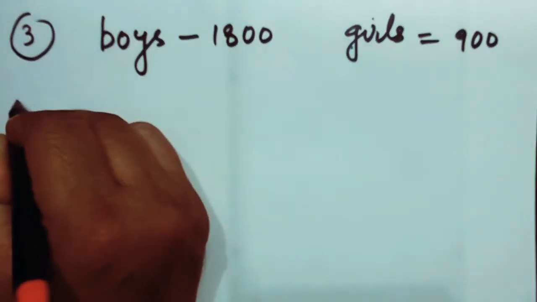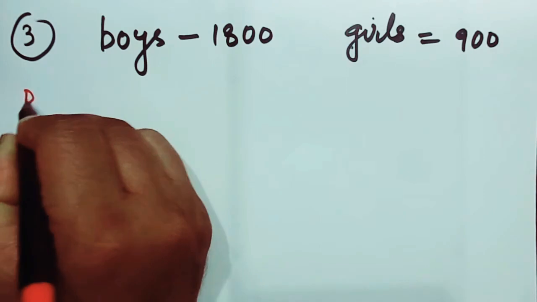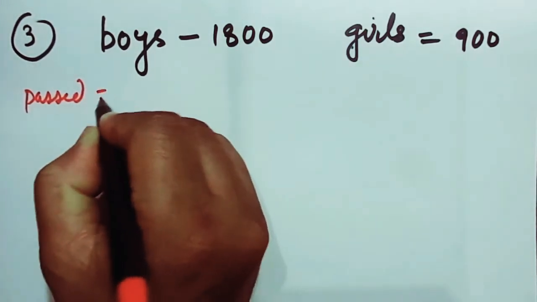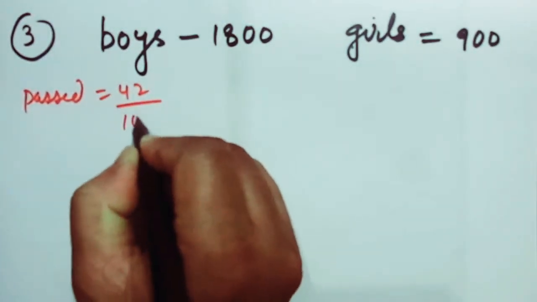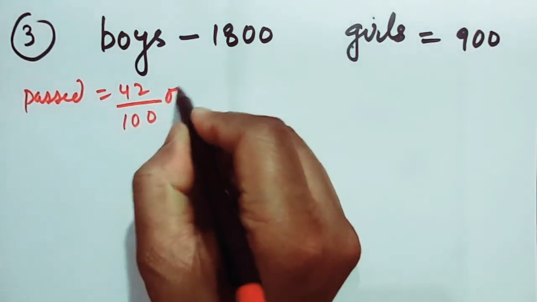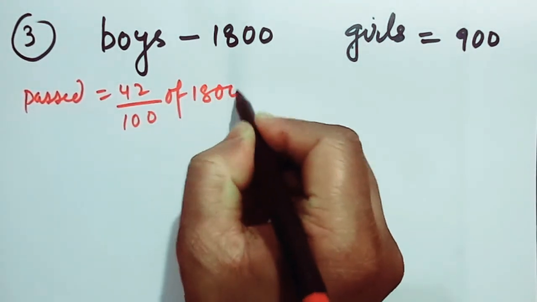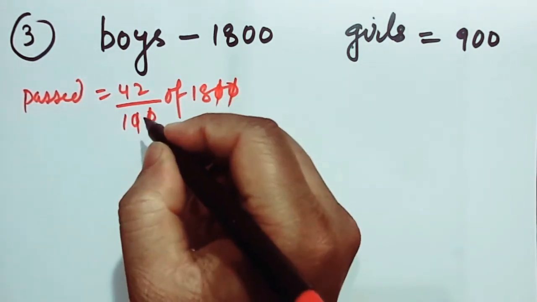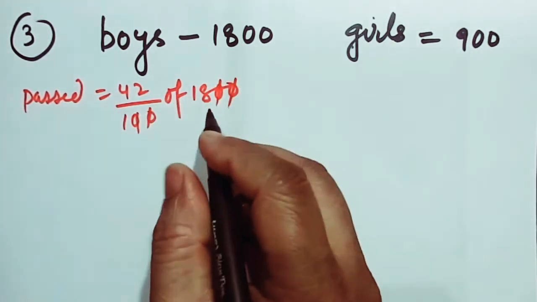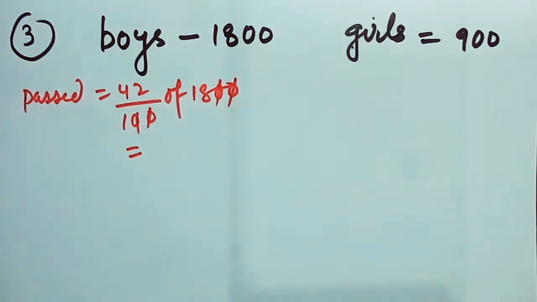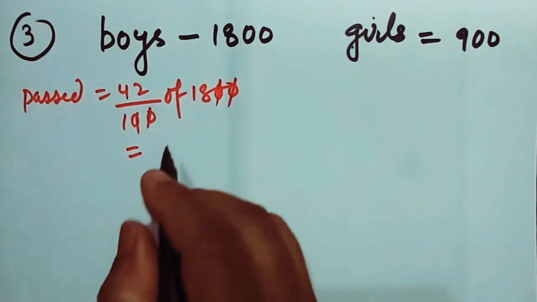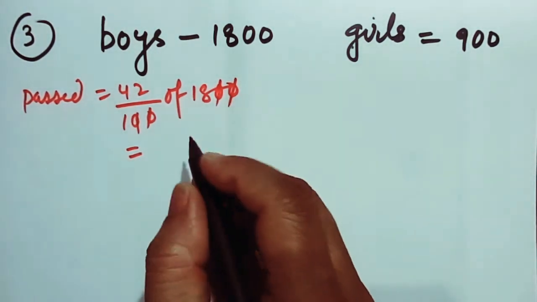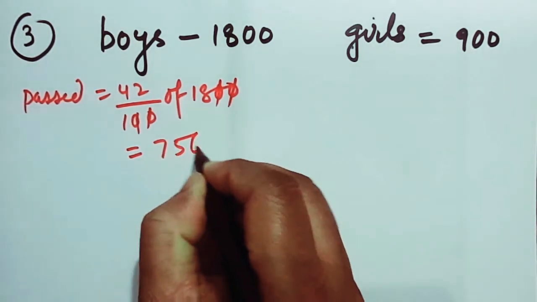So here the boys who have passed is equal to 42% of 1800. 42% of 1800 will be equal to 756.